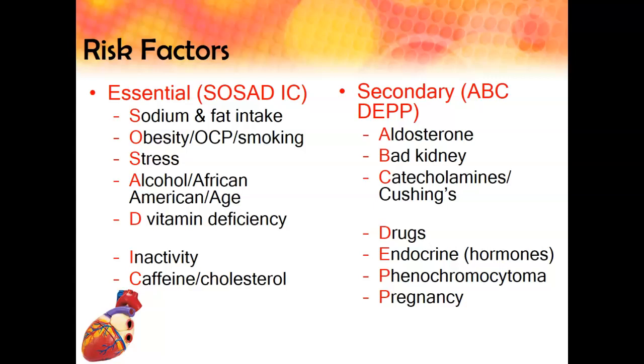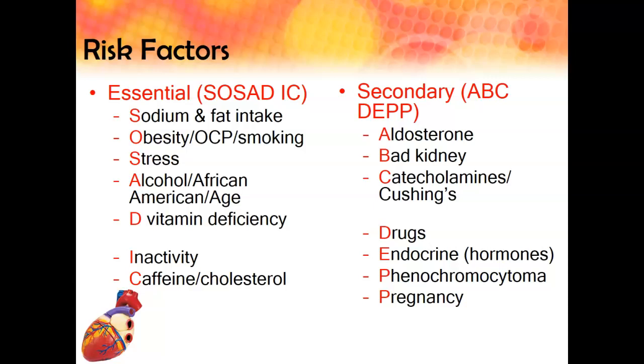So some risk factors for essential hypertension, mnemonic, SADIC: sodium and fat intake, obesity, oral contraceptives, smoking, stress, alcohol, African Americans, age, as we age, vitamin D deficiency, inactivity, and caffeine and cholesterol levels.